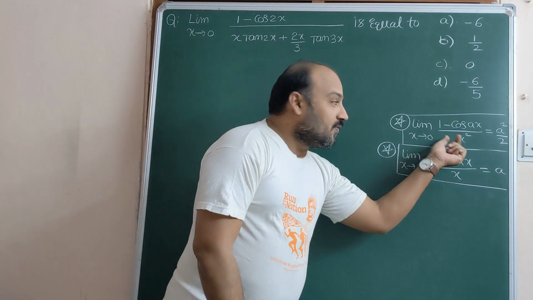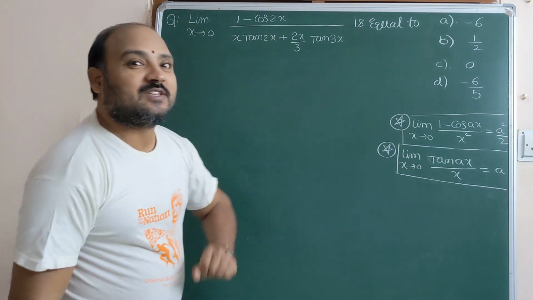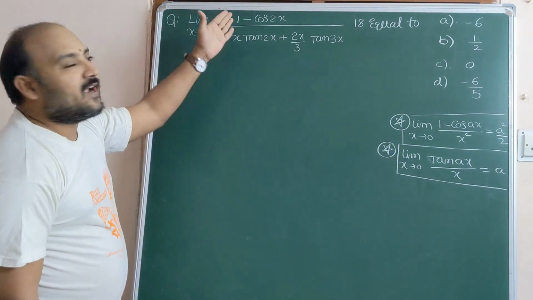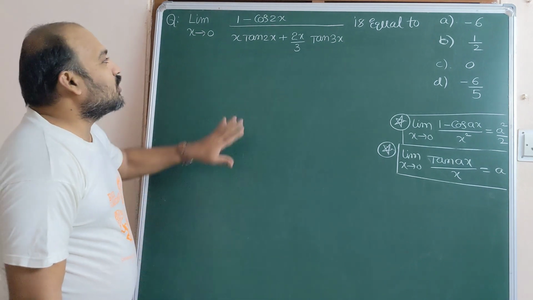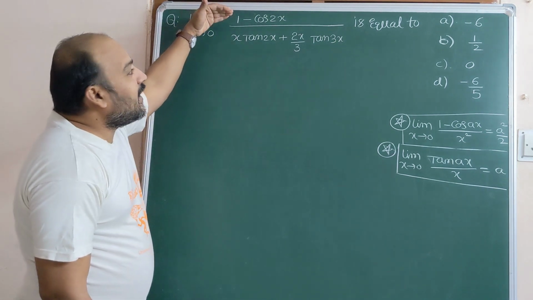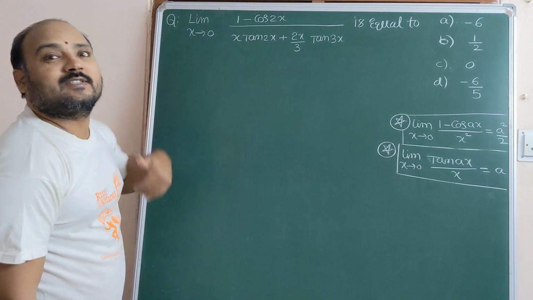To apply the first formula, the denominator should be x square only. In the given expression, x square is not there. So what I am going to do is divide numerator and denominator by x square.